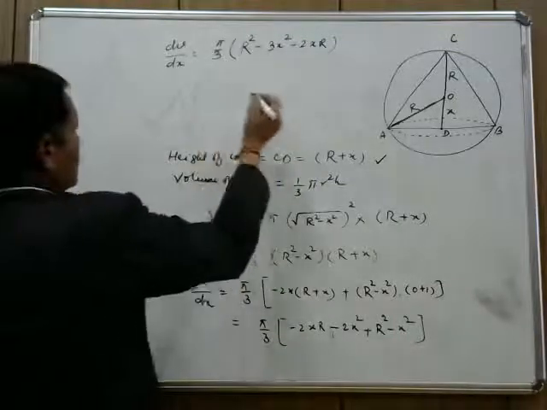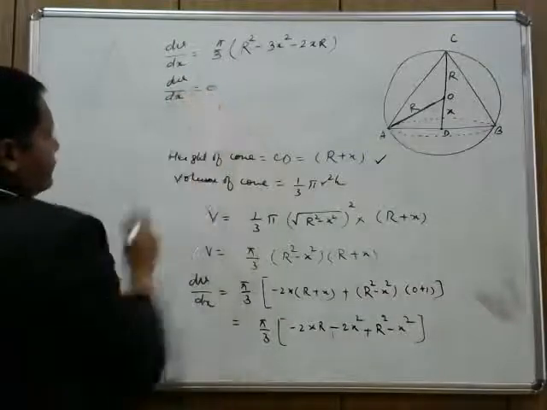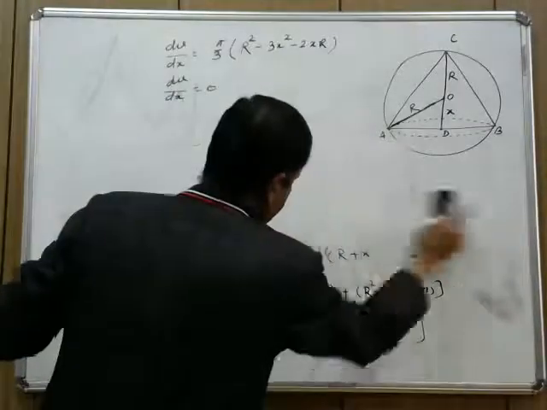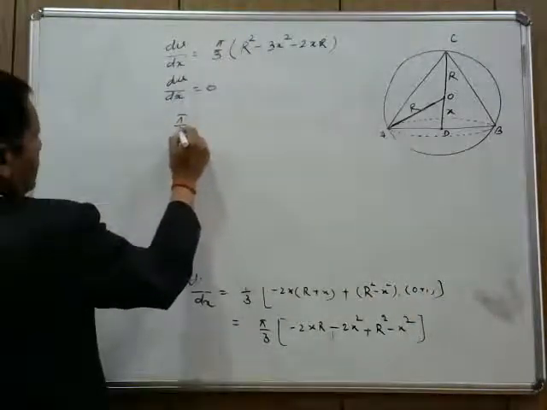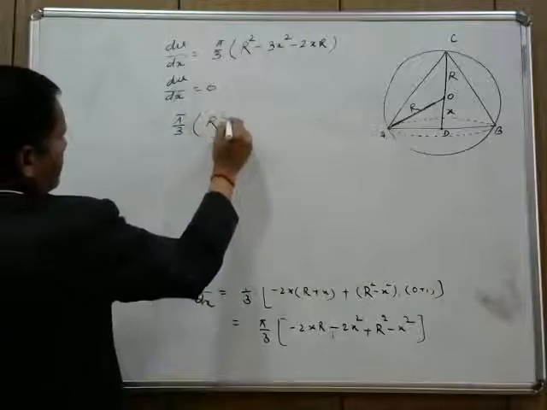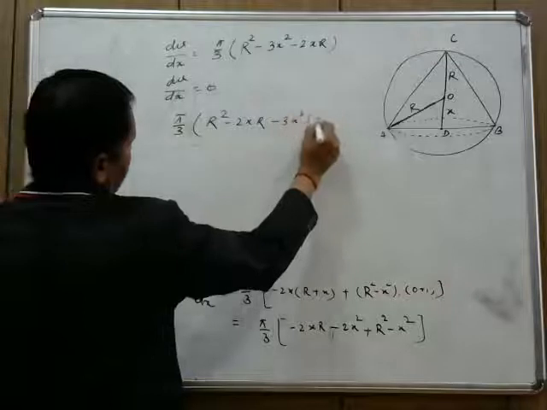Can I write this is equal to, for maximum minimum, dV by dx is equal to 0, right? And therefore what will we have? Pi by 3 in bracket r square minus 2xr minus 3x square equal to 0.